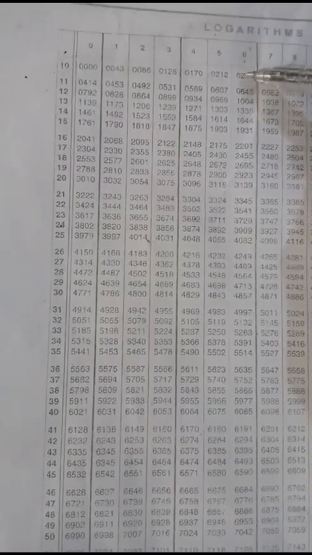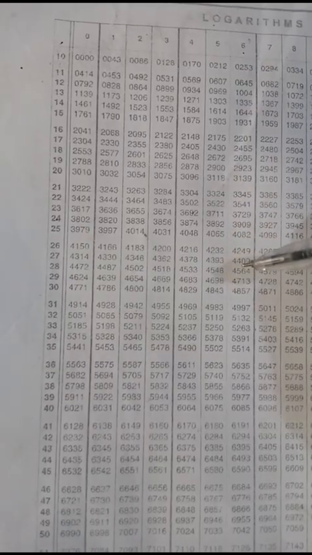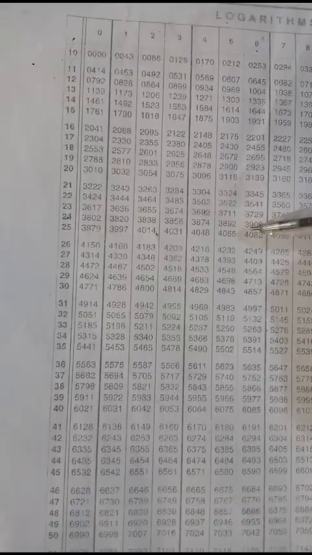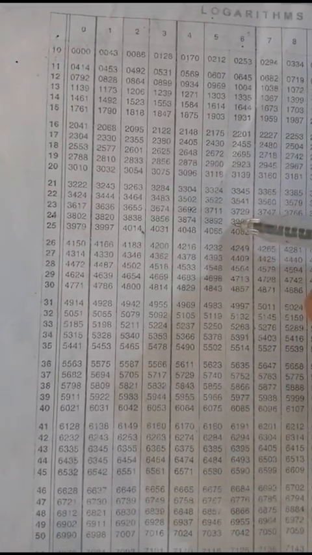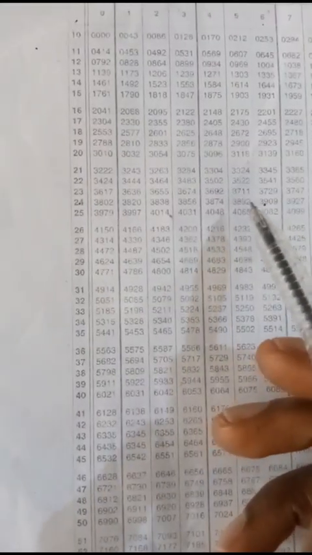You now trace it down to 24. You see it? This is 24. So by the time you trace it from here, you can see that it's 24.